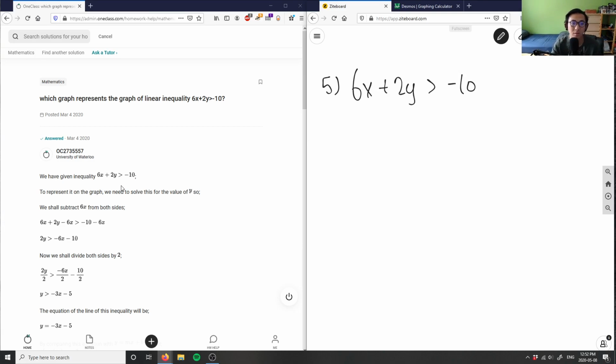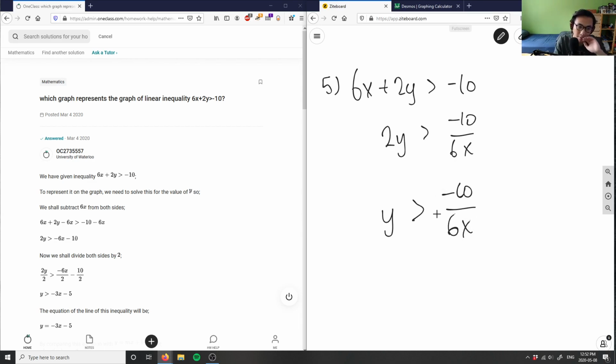So basically what they want to do is rearrange this for y, right? Because you can think of this as the standard form of a line. We want to rearrange to get the slope-intercept form. So I would divide both sides by 6x, so we get negative 10 divided by 6x, and then finally divide both sides by 2. Let me clean this up first.